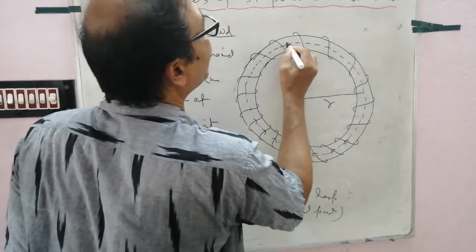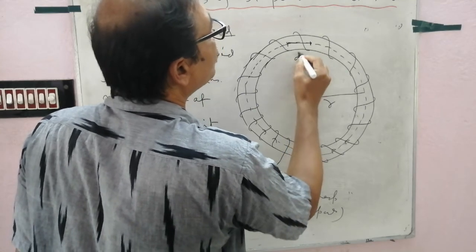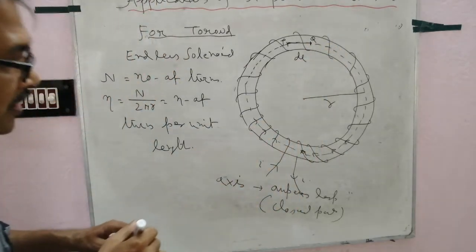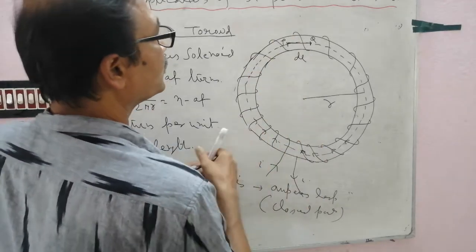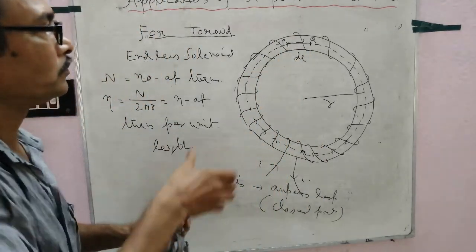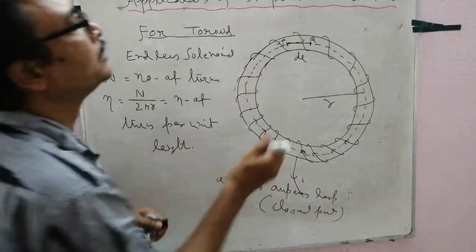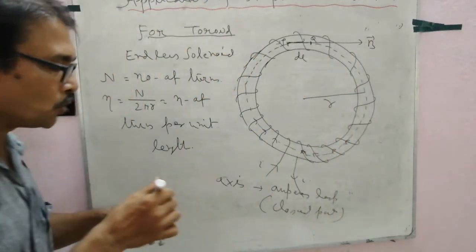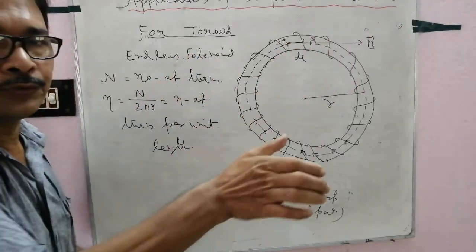Suppose here the magnetic field. This portion PQ is a small portion of length dl. Follow the magnetic field. Here the current flows in this way, and the magnetic field is in this direction B. So B and dl are parallel to each other, in the direction P to Q.